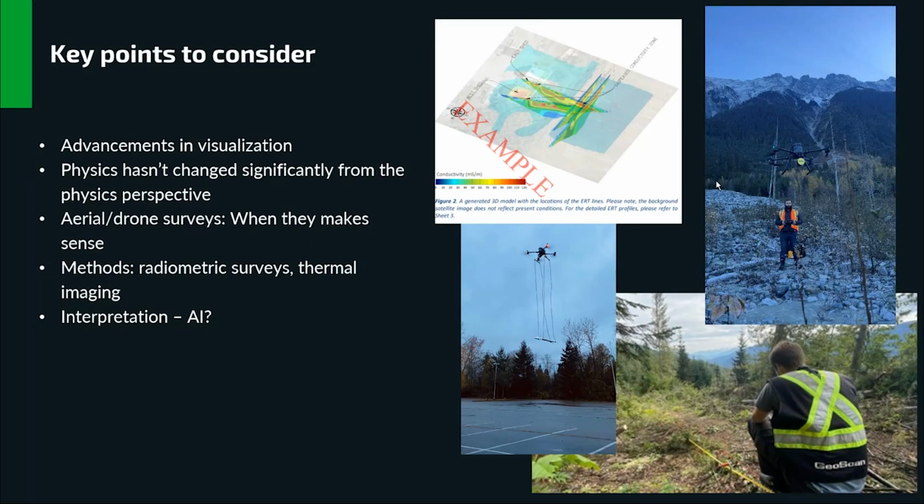Those have really increased in the last few decades. The next big thing, obviously, that everyone's talking about is aerial and drone surveys and AI-backed interpretation. Now, those are not necessarily the present yet, but we have already experimented with different drone surveys, and for certain types of geophysical surveys, drone surveys work really well.